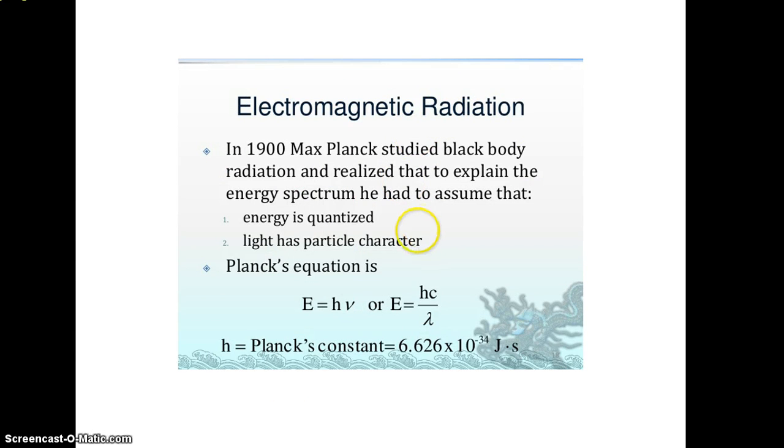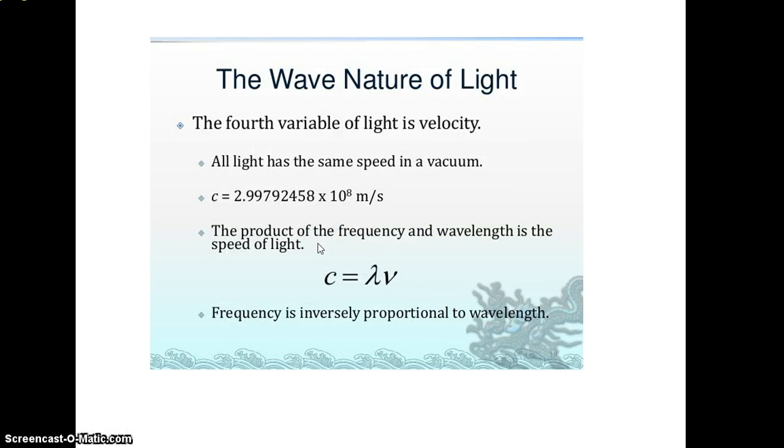And there is an equation, Planck's equation, E is equal to h nu, or E is equal to hc divided by lambda, where h is Planck's constant, 6.626 into 10 raised to minus 34. So according to Planck, energy gets quantized and light shows particle character. This equation is very important, and you have to remember this value. And the wavelength and frequency of light are related by the equation c is equal to lambda into nu, where c is the velocity of light, lambda is the wavelength, and nu is the frequency.